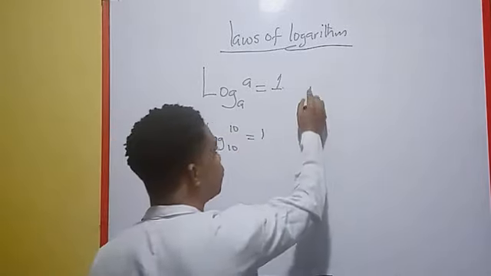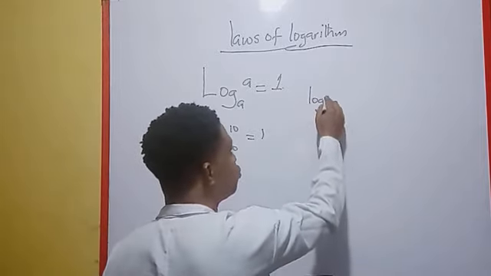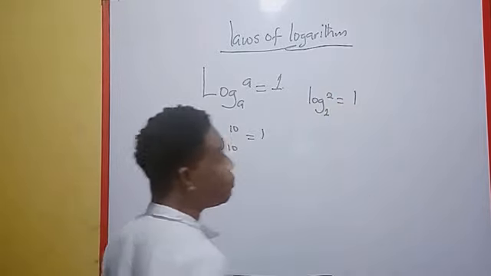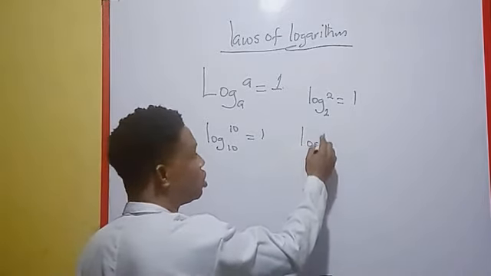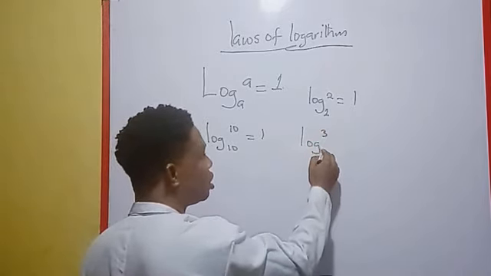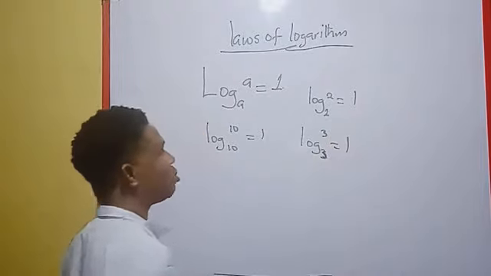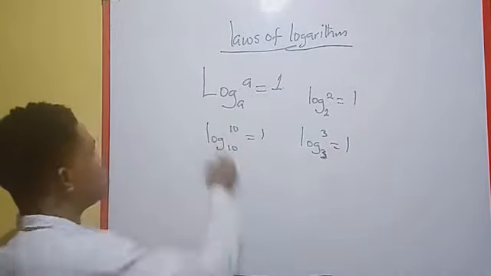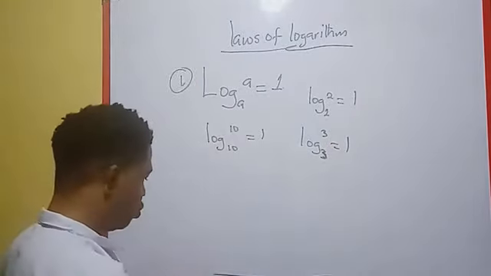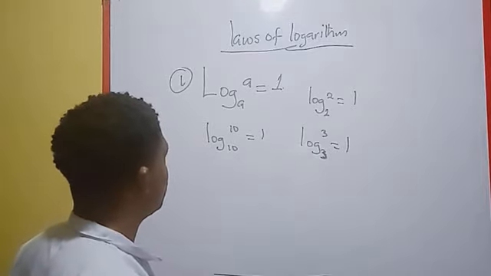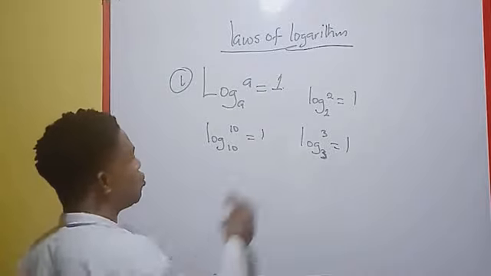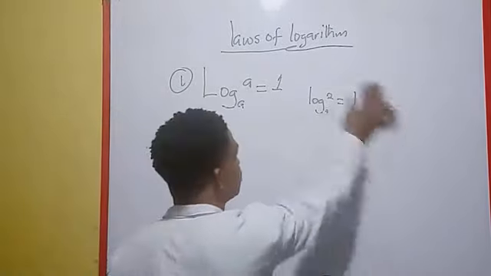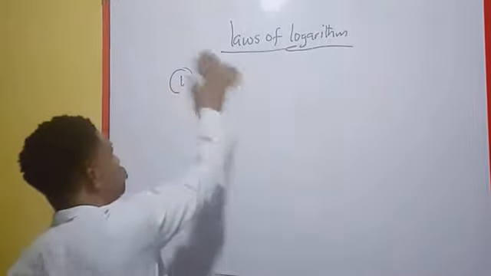Or anytime you have log 2 raised to power 2, it is equal to 1. Or log 3 raised to power 3 is equal to 1. So that is the law of logarithm, number 1, that you must understand. Log base A raised to power A is equal to 1. So anytime you meet that kind of logarithm, you know it is equal to 1.